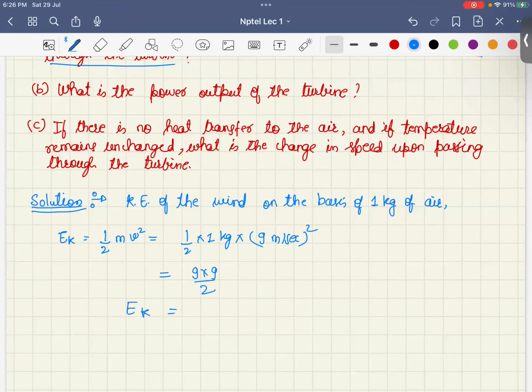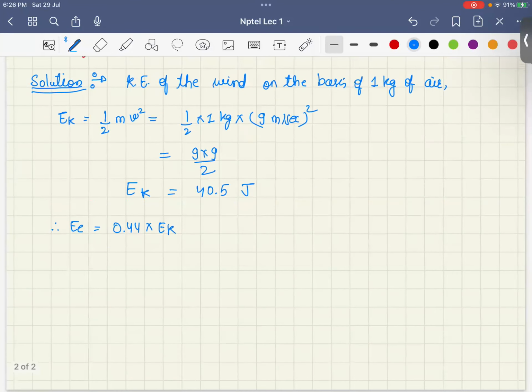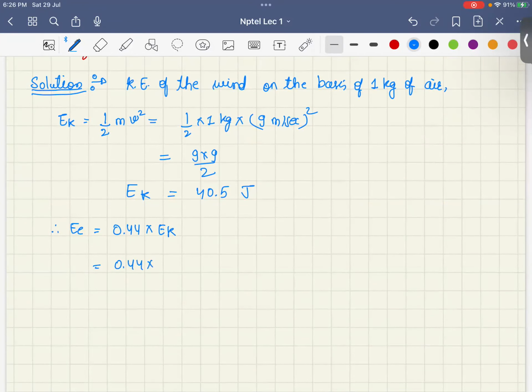So Ek is 40.5 joules. Therefore, electrical energy is 0.44 multiplied by 40.5, which gives 17.8 joules. So this is the answer of part A.